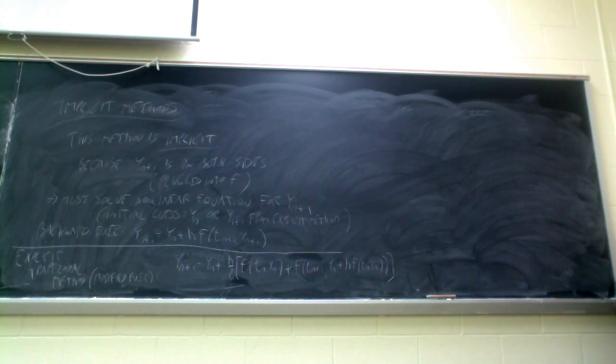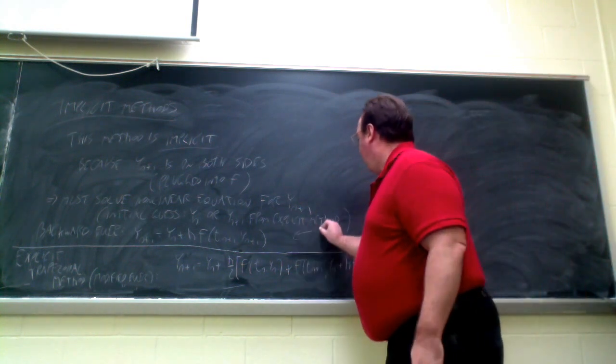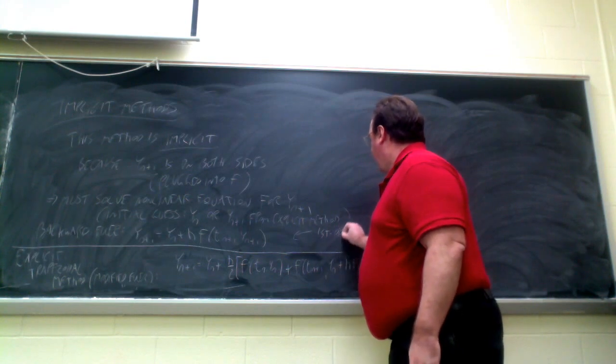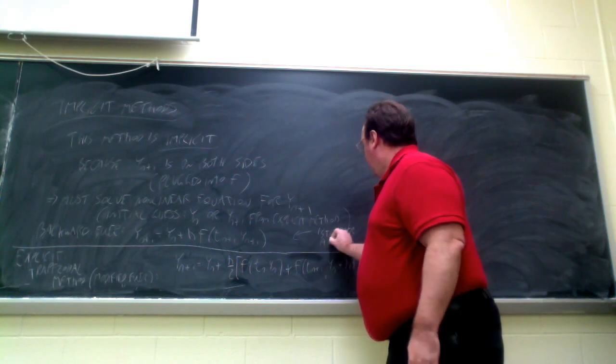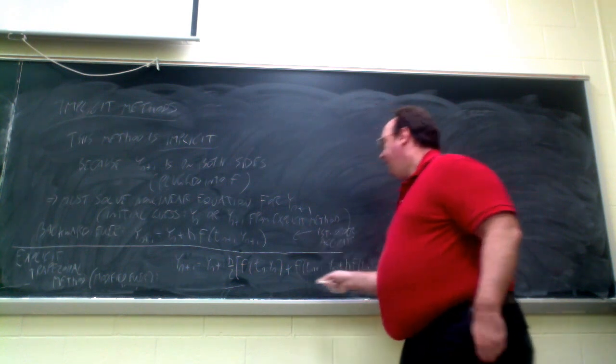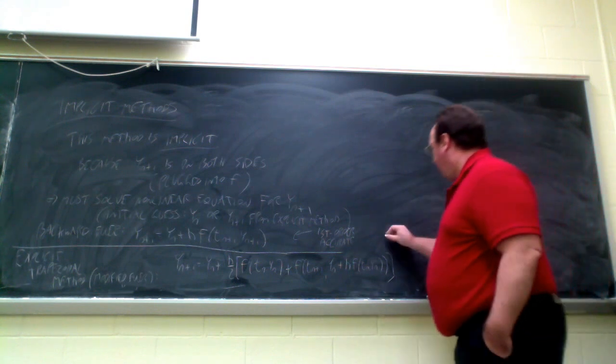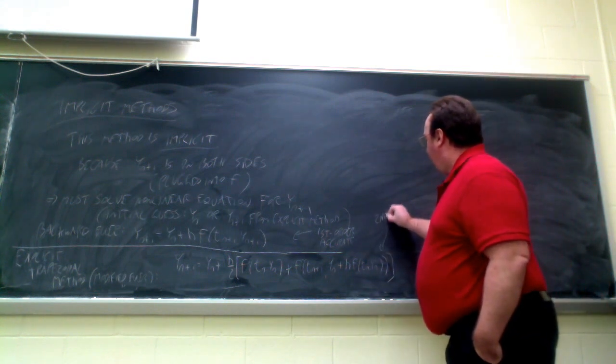Okay. So this method, backward Euler, is first order accurate, whereas the explicit trapezoidal method, like its implicit relative, is second order accurate.